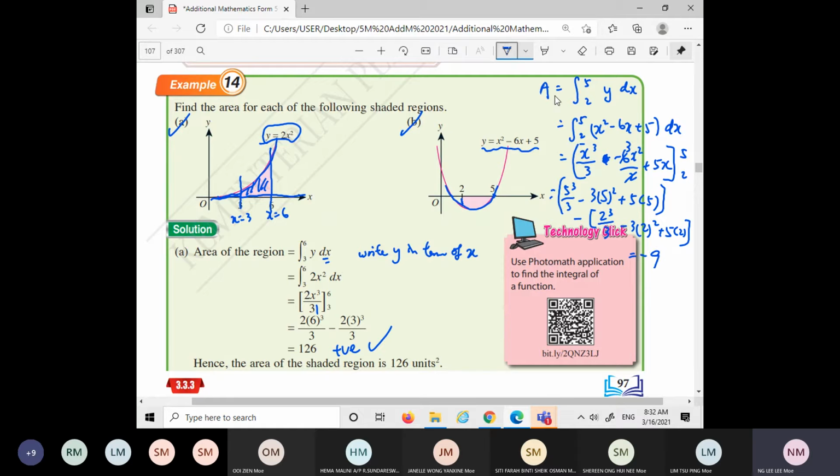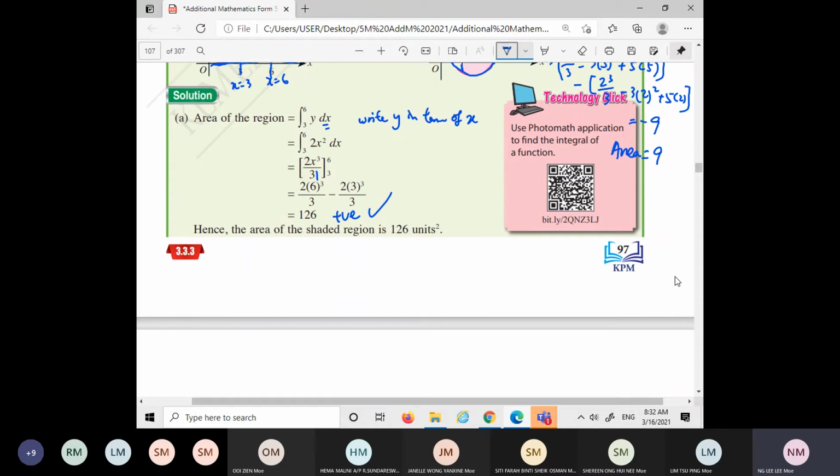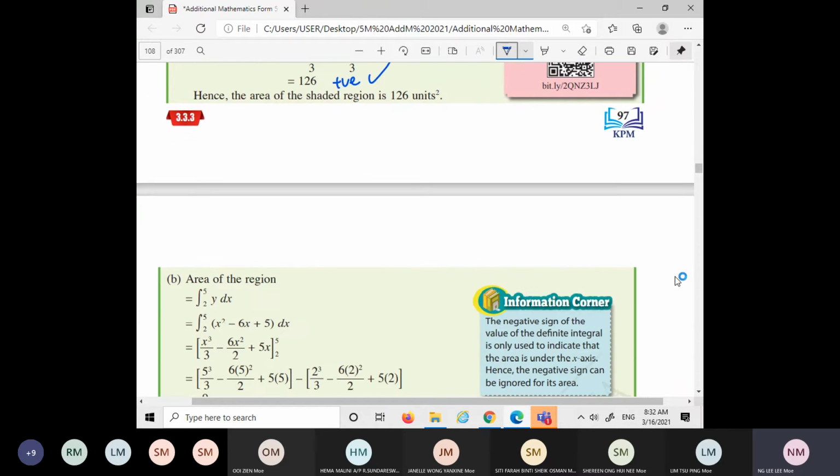But remember, area cannot be negative. Therefore, you need to write the last sentence: area equals 9. This concept is very important. Questions on conceptual problems, they will always ask in Paper 1.